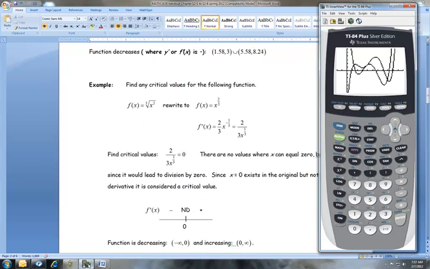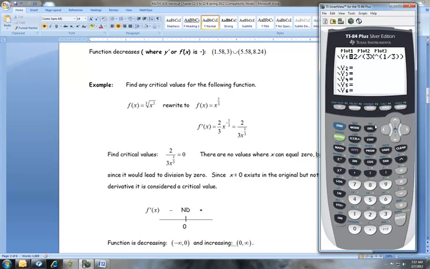So let me get my calculator back up. Let me clear these. Let's go put in our derivative. I've got 2 divided by, I need parentheses here, 3x raised to, now since my exponent is fractional, I need parentheses. So that closes my exponent. Another parentheses will close my denominator.